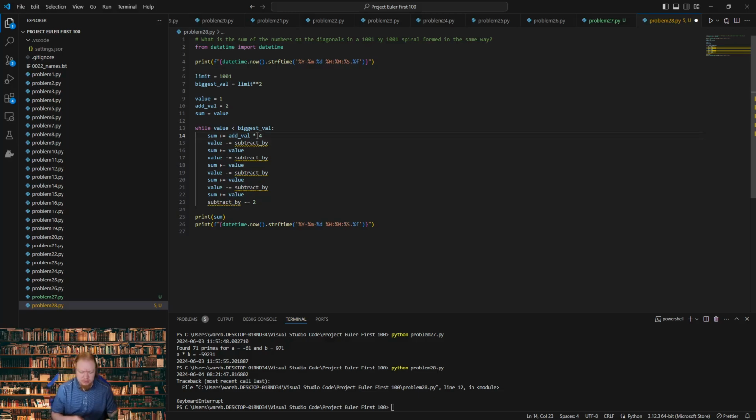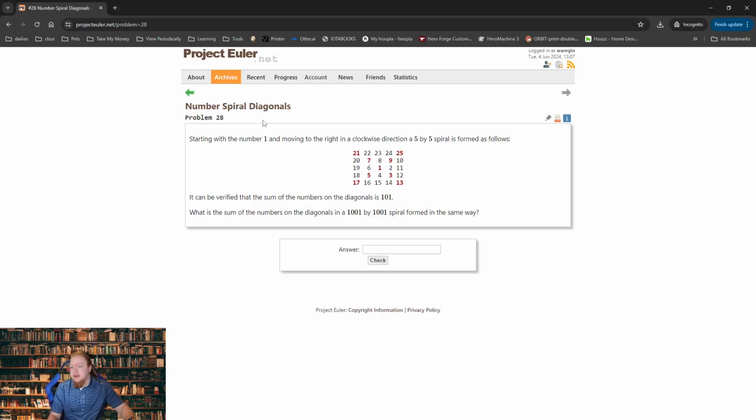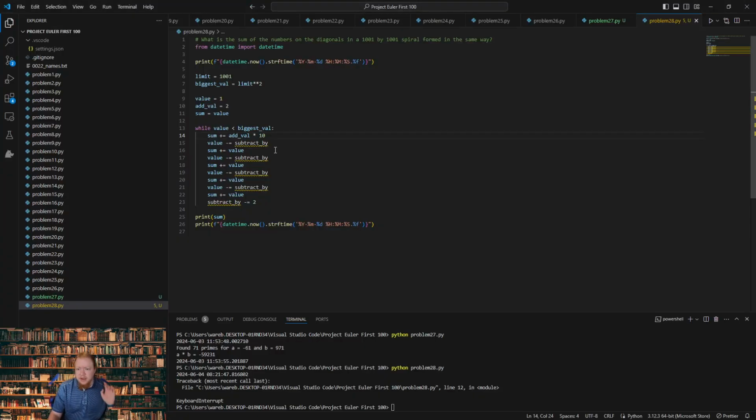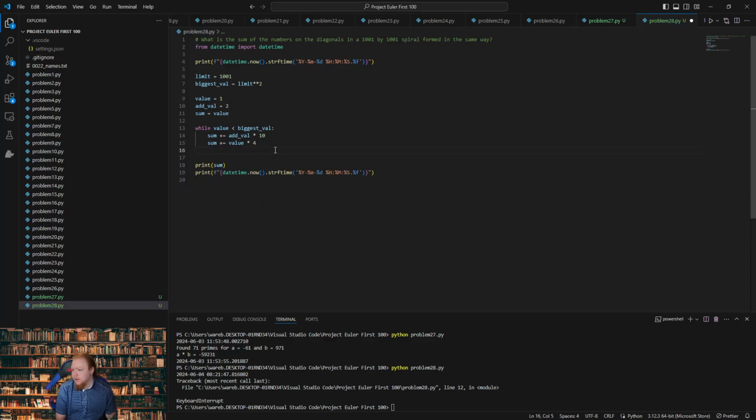Except it's not really times 4, it's times 10. Yeah, okay, I think I have... So then sum plus equals value times 4. And then at that point, we don't want the value plus the sum.